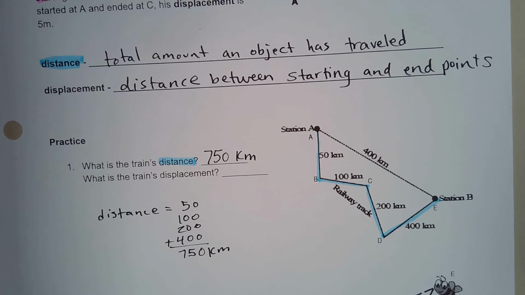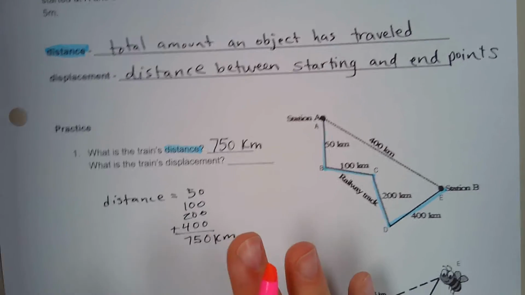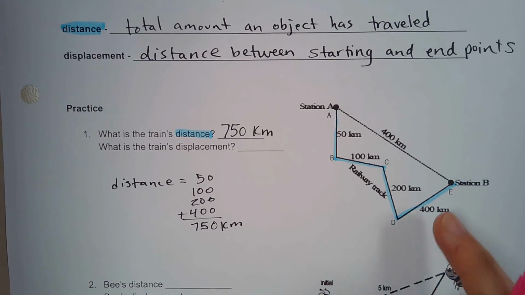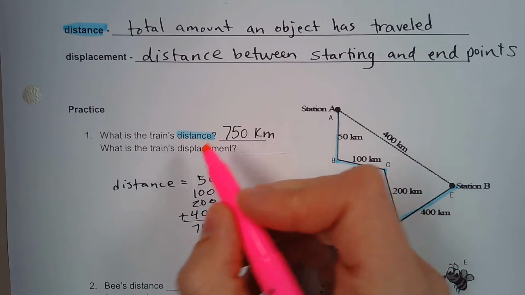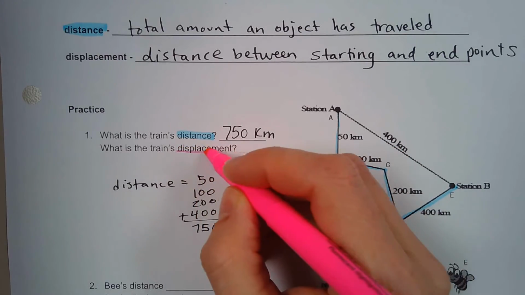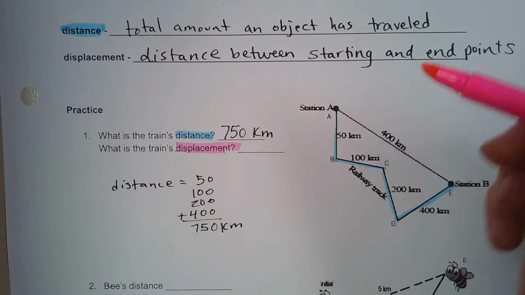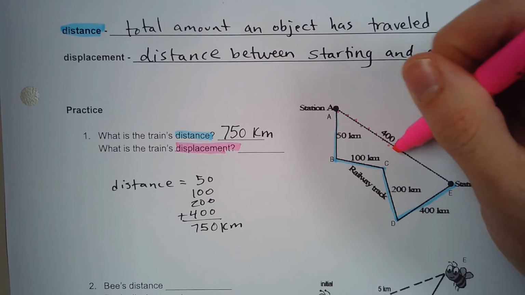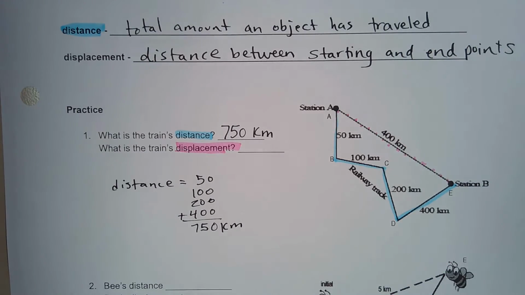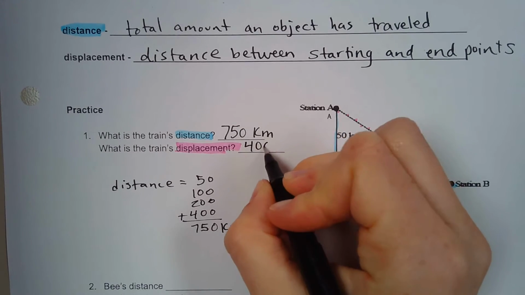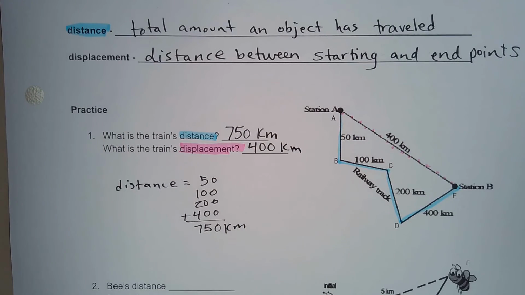And we have to include our units because we're talking about distance, and that is the unit of distance for this diagram. Other ones might have meters or even centimeters, so pay attention to what the units are so you have the right units. Okay, what's the displacement? Remember, displacement is just how far you are from where you started, so that would be 400 kilometers. The object has been displaced 400 kilometers from where it started.